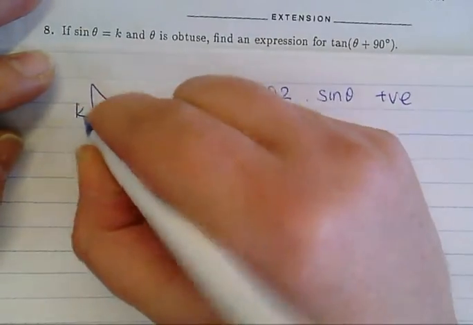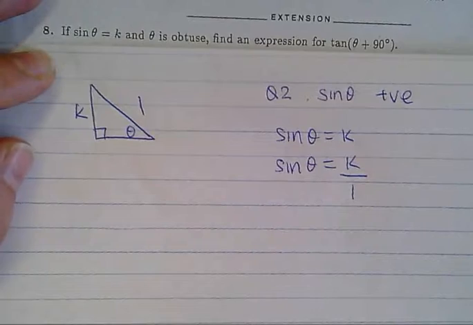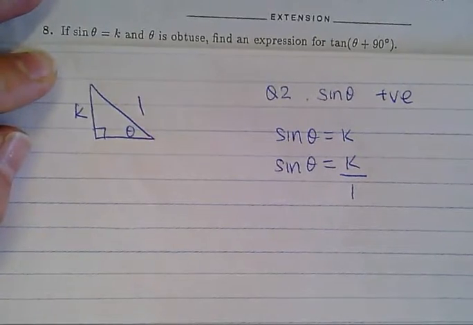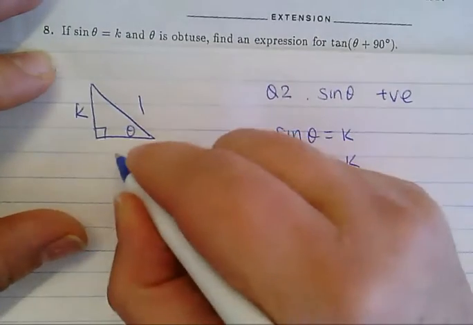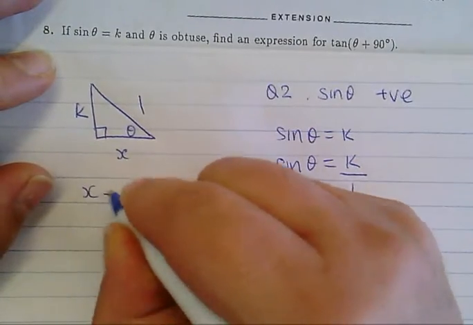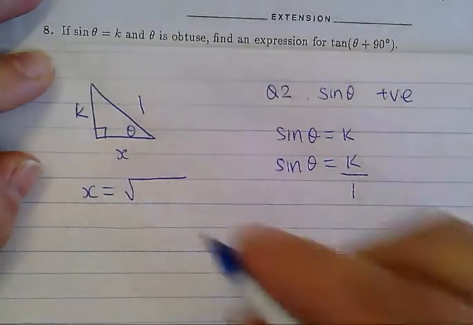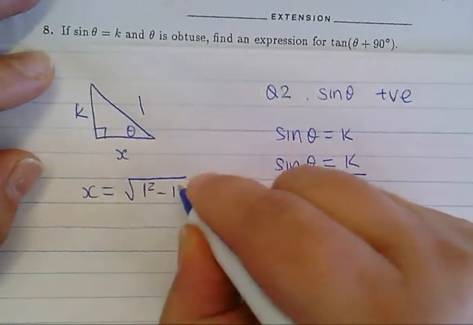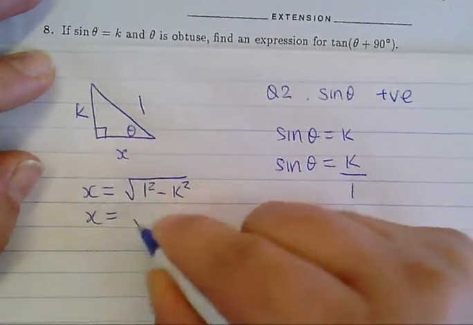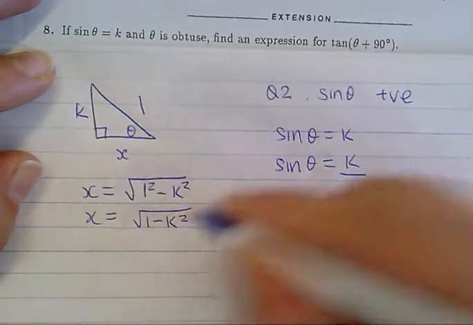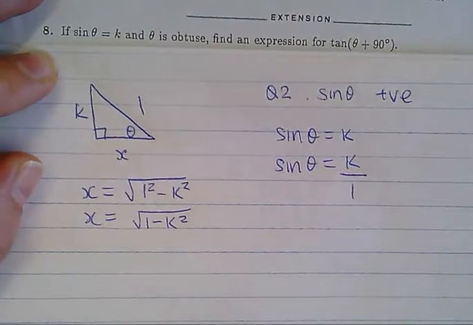I go opposite over hypotenuse. I work out the other side with Pythag. I'll call this x. X is the square root of 1 squared minus k squared, which is the square root of 1 minus k squared.